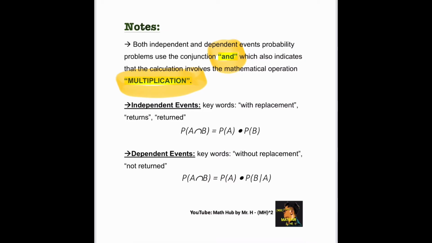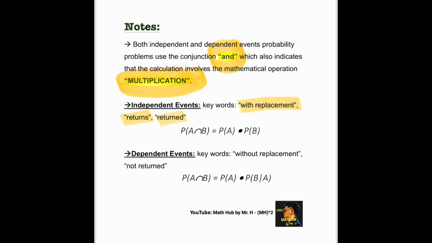All right, so the next thing that you need to take note of is independent events. There are keywords that you need to look out for in order for you to identify that the given probability question is an example of an independent event. Okay, so the keywords are "with replacement", "returns", or "returned".